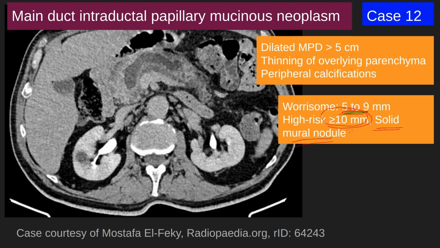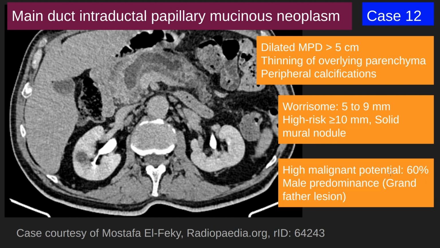So these are the things that we should be watching out for in terms of risk stratifying our patients. They are male predominant, and some people also like to call it grandfather lesion because of the age group that it involves. And around 60% of them have a malignant potential.